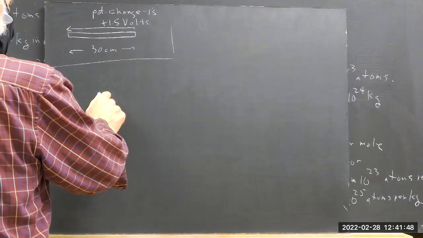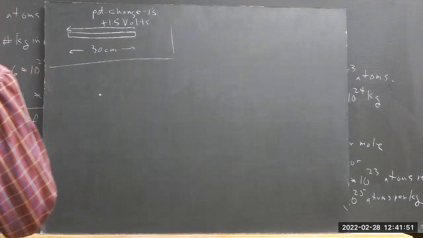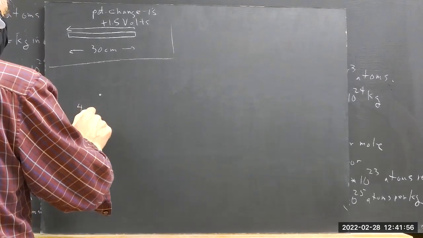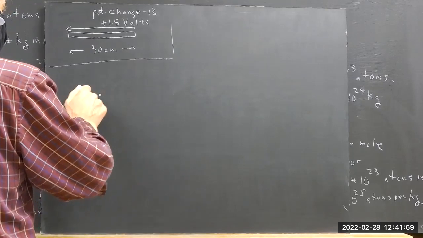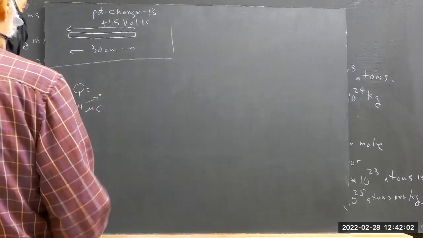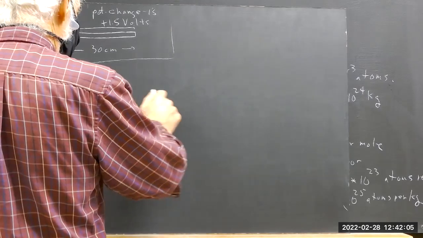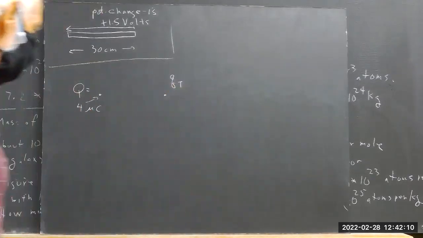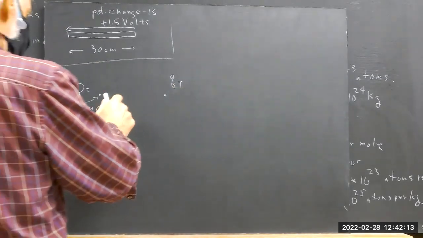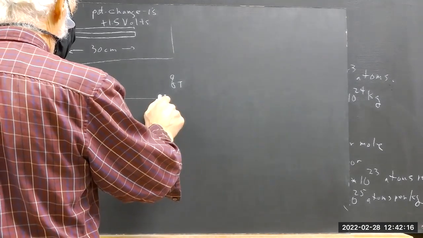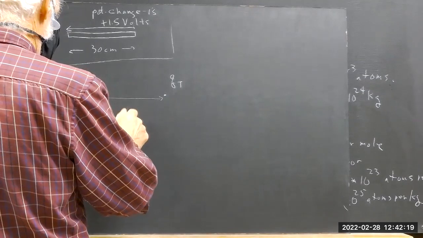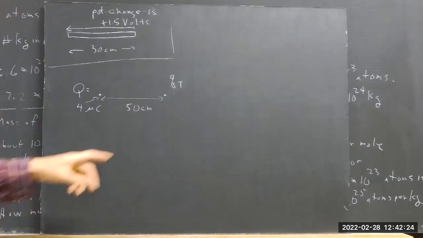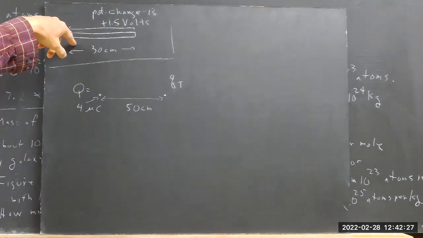Okay. So let's say we got a charge here of 4 microcoulombs. And over here, we have a test charge at a distance of, let's say, 50 centimeters. Now this has nothing to do with this.